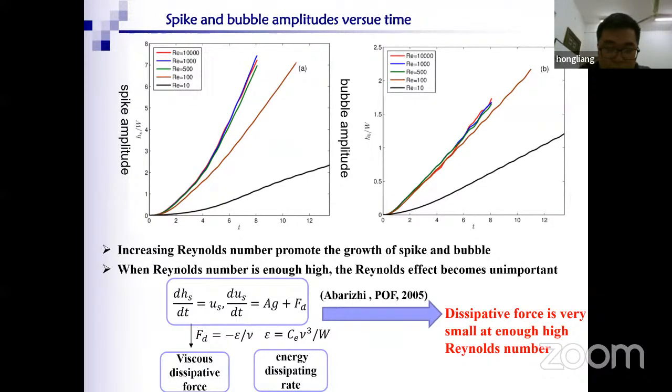And we can see here that epsilon represents the energy dissipation rate and can be explained by its equation.